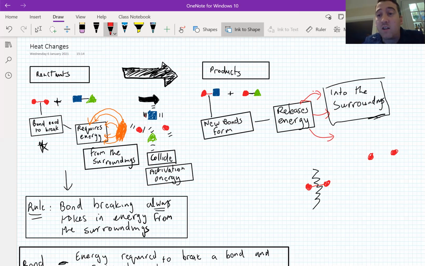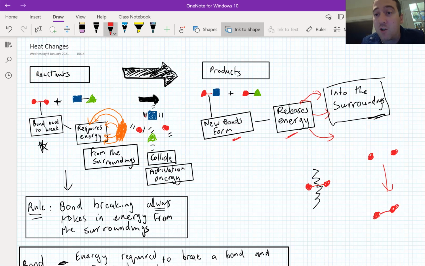Now, let's say there's nothing else for it to combine with, and it decides to stick back together and bond again with the same atom. We took in energy to break the bond. The two atoms are separate, and then they're going to join back together. That's going to release energy, remember? New bonds form, releases energy.